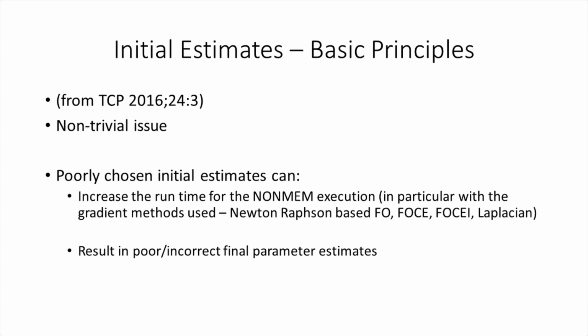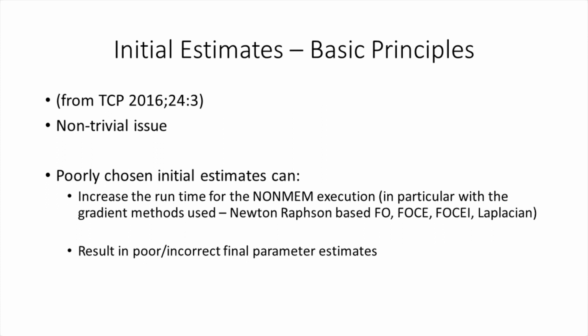This is often a non-trivial issue, as poorly chosen estimates can increase the runtime for any nonlinear regression problem or any nonlinear mixed effects problem. In particular, if you're using NONMEM and you're using some of the gradient methods, the first order conditional estimation with interaction and the Laplacian, it takes longer for a solution to be discovered.